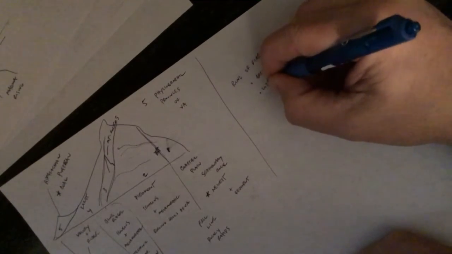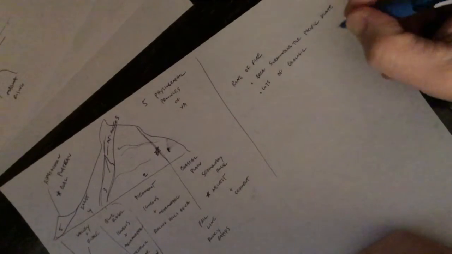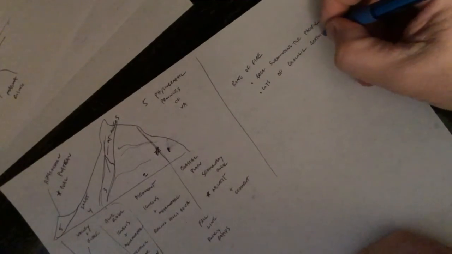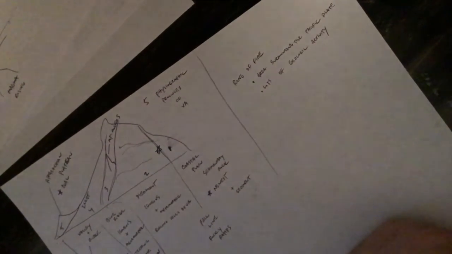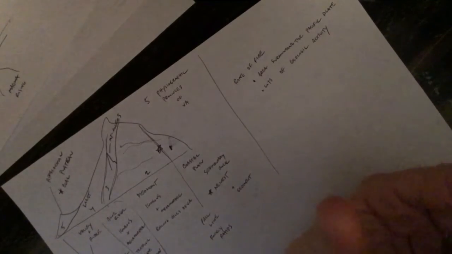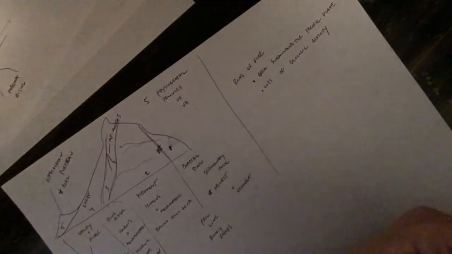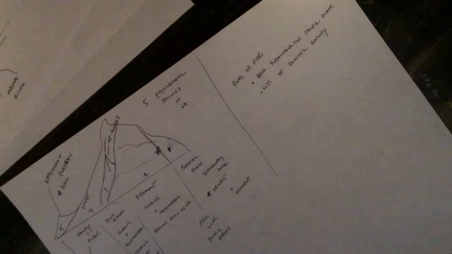Lots of geologic activity. That means earthquakes and volcanoes. And that includes the west coast of the United States, the west coast of South America, Japan, Indonesia, Alaska. Everything that surrounds the Pacific Ocean is part of the Ring of Fire.